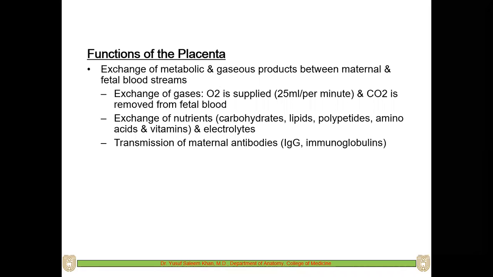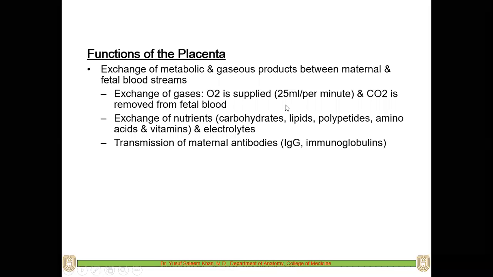The second is exchange of nutrition, because the fetus cannot feed on its own. So all the nutrition is provided through the blood, like carbohydrates, lipids, polypeptides, amino acids, vitamins, and whatnot.